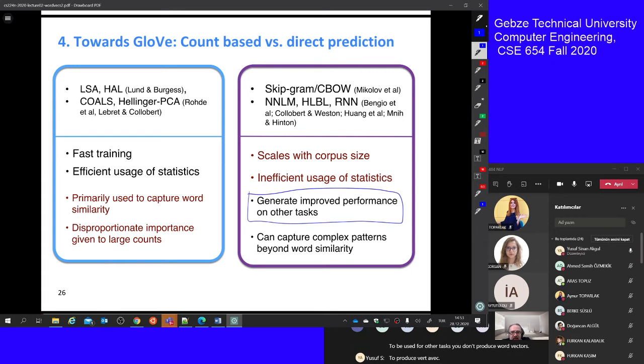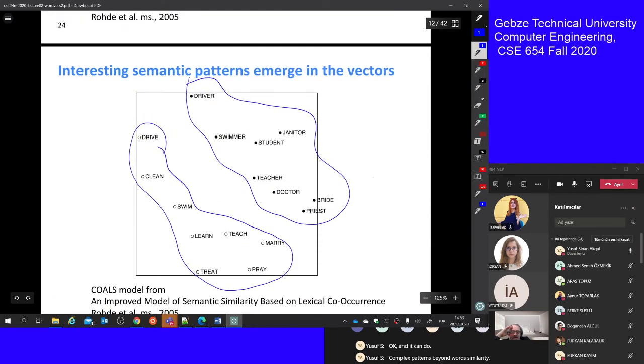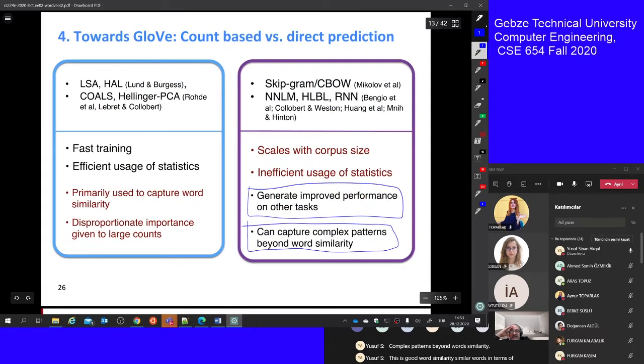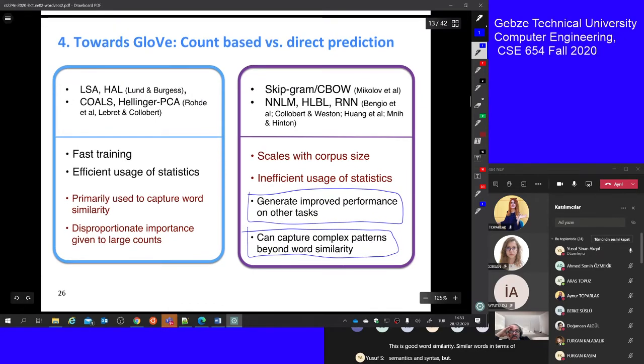Okay. And it can do complex patterns beyond word similarity. This is good, word similarity, similar words in terms of semantics and syntax, but word-to-vec can capture more information than just the word similarity. It will capture information such as analogy, and we are going to see a few examples of it.